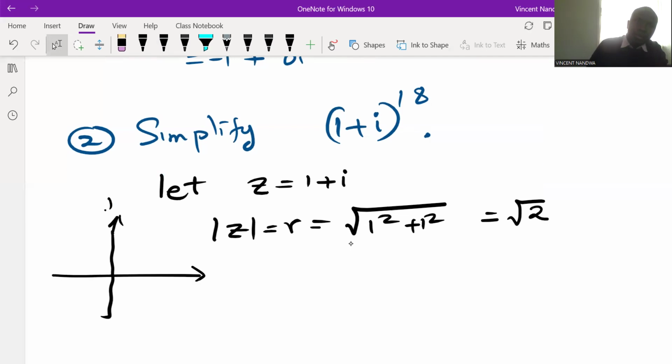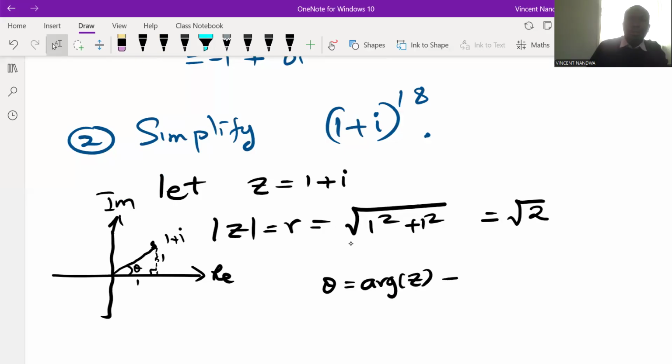And before you find the argument, remember you have to sketch the number to know in which quadrant it lies. And this number will be in the first quadrant. So when you define a right angle triangle here, this will be 1 unit, this 1 unit. So theta, which is the same as argument of z, will be simply tan inverse of y, which is 1, over x, which is 1.